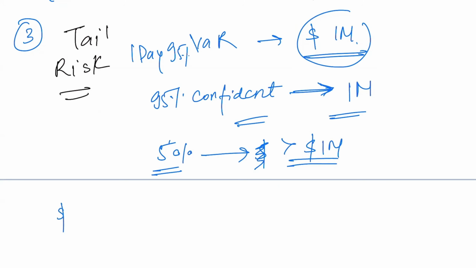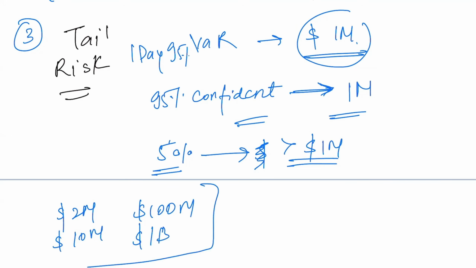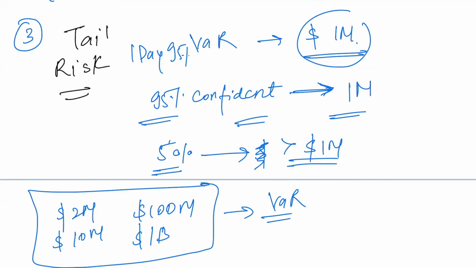Is it $2 million? Is it $10 million? Is it $100 million? $1 billion? The magnitude of loss is not told by value at risk. So this is one of the limitations also, because we are very confident that at the 95% confidence interval the losses can be less than $1 million.